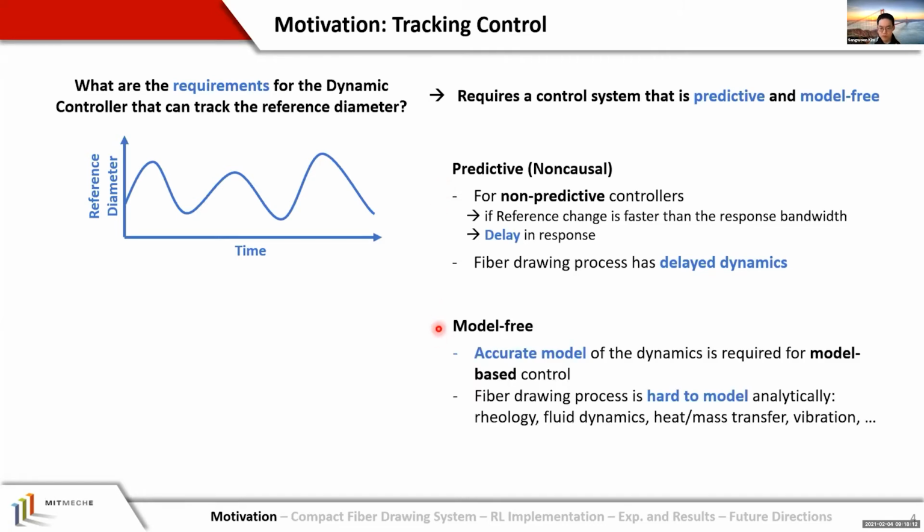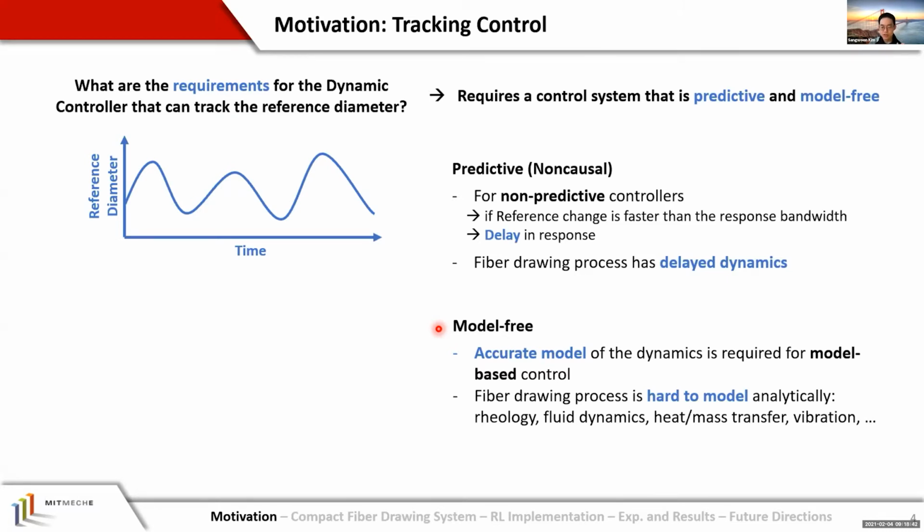The next requirement for the controller is that it should be model free. For the model-based controllers like LQR, linear quadratic regulator, and MPC, model predictive control, the performance of the controller depends on model accuracy. However, as mentioned before, the fiber drawing process is very hard to model accurately, especially when we try to modulate our diameter.